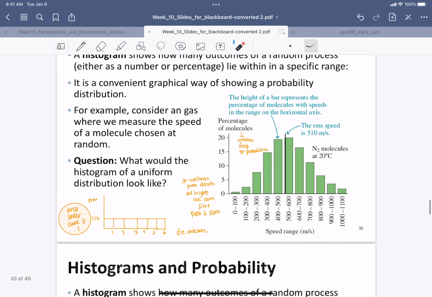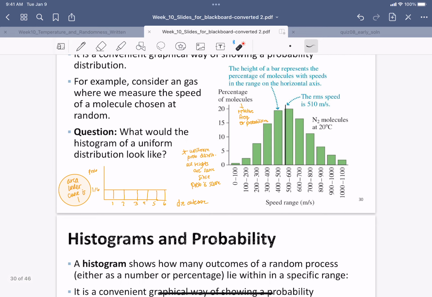Once again, this is just histograms. We kind of went over these a bunch of times. Watch out for percentages here. So 20 is not the probability. This is 20%, which is 0.2. So when you're multiplying your probabilities, when you figure out averages and whatnot, make sure to use 0.2 and not just 20.